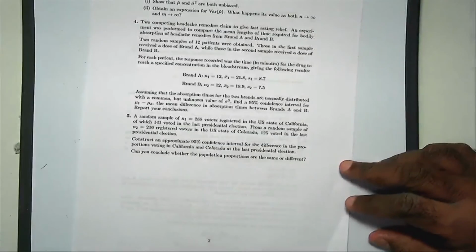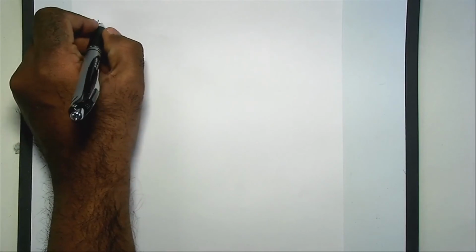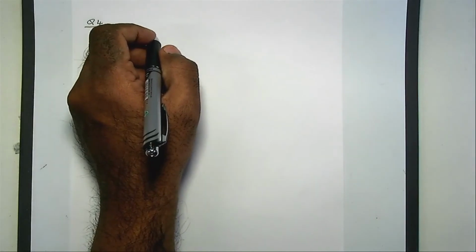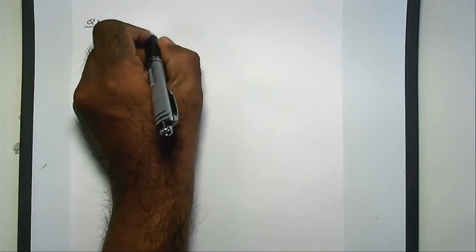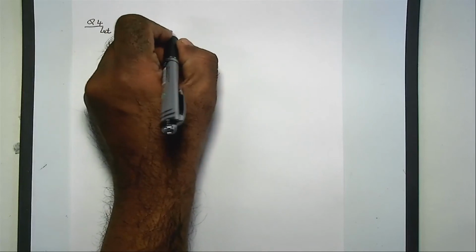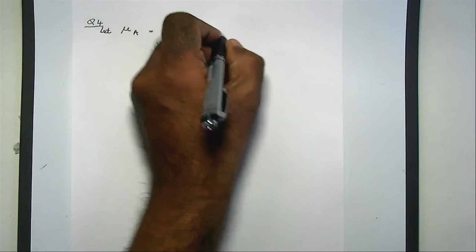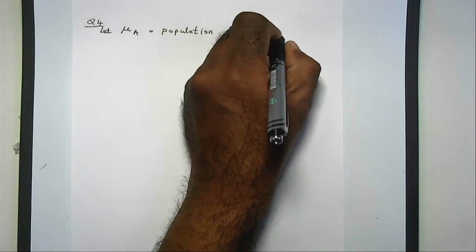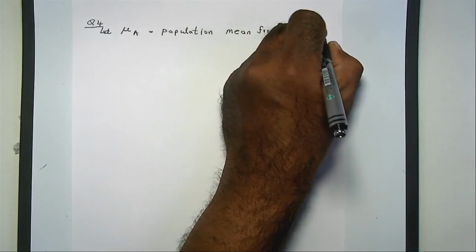question 3. Next question is question 4. So here we are trying to compare the population means for 2 different brands. So let mu A denote the population mean for brand A, right?